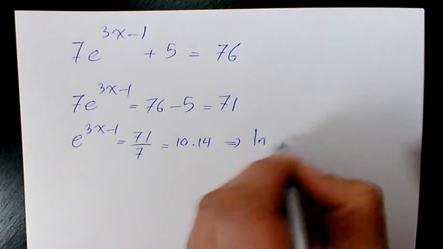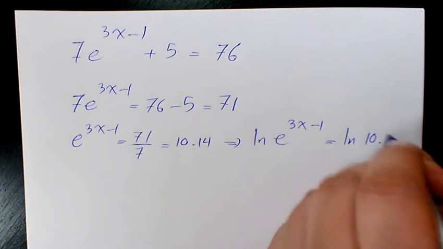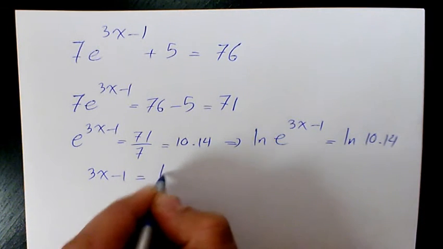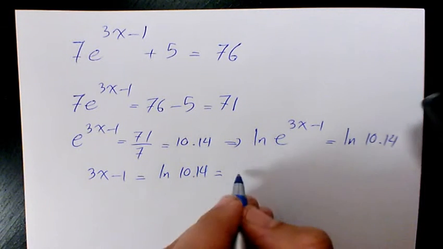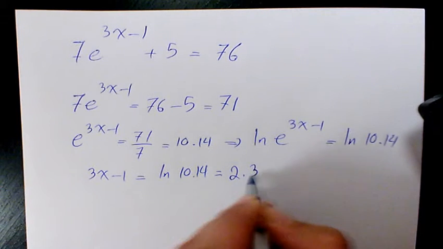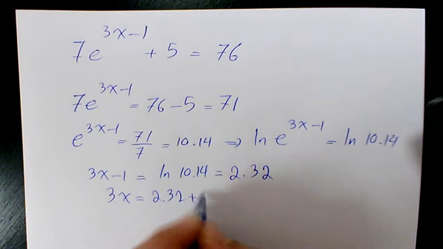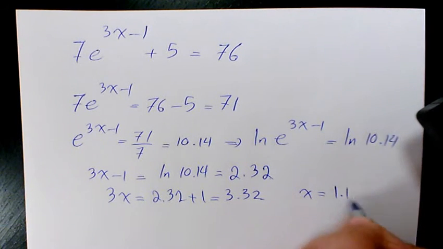Therefore, ln e to the power of 3x minus 1 equals ln 10.14. So we have 3x minus 1 equals ln 10.14. 3x minus 1 is going to be 2.32. So 3x is going to be 2.32 plus 1. That's going to be 3.32. And x is going to be 3.32 divided by 3. And that's going to be 1.11.